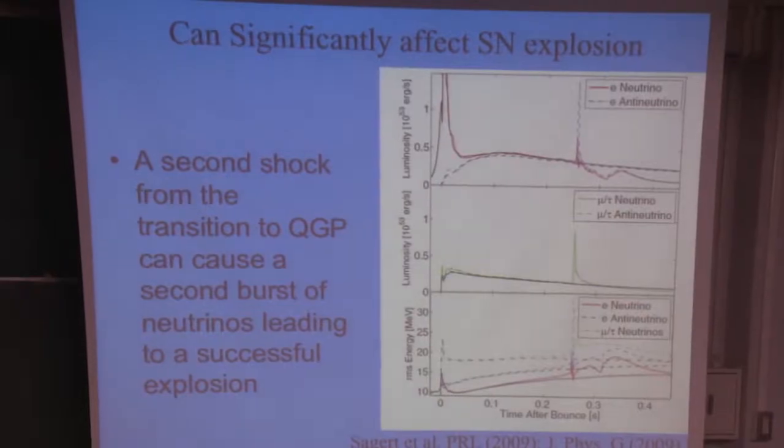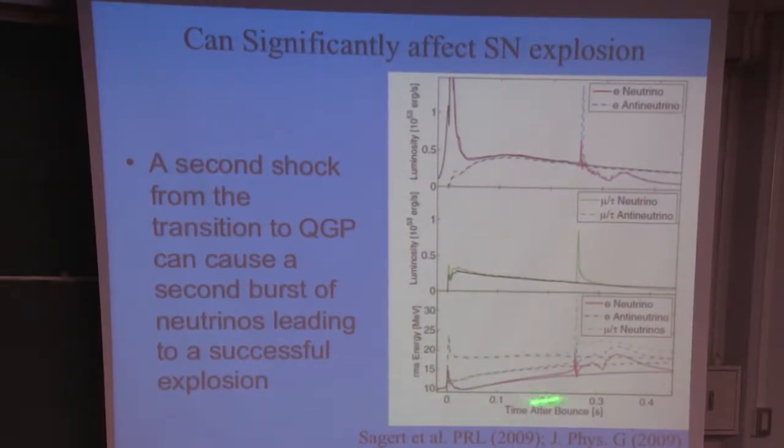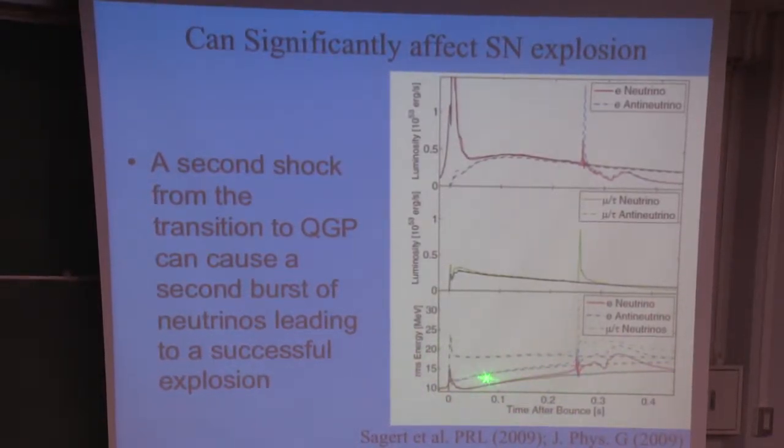And in fact, they found that a star that doesn't explode, if it makes the QCD transition, it will explode because it has 2 shocks, which is enough to give it the energy to keep going out.